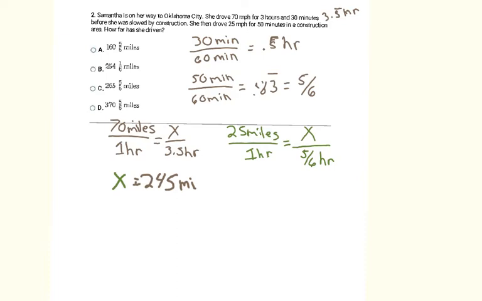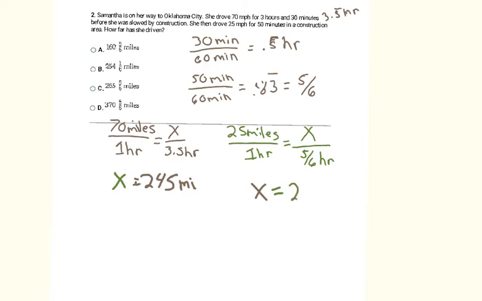I'm going to do the same thing on this side. I have 1 times x here, so it's x equals. And then the other way I have 25 times 5/6. If you have a fraction button, you can go ahead and do that, or you can work it out longways.